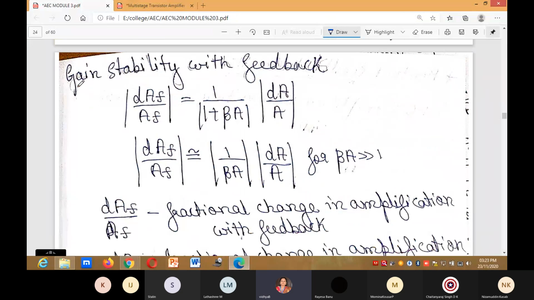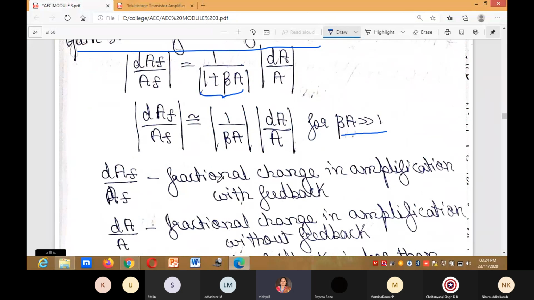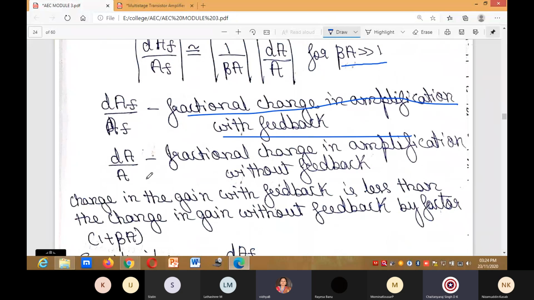Next, gain stability with feedback. dAF divided by AF is equal to 1 divided by 1 plus beta A, times dA divided by A. Here dAF divided by AF is the fractional change in amplification with feedback, and dA divided by A is the fractional change in amplification without feedback.